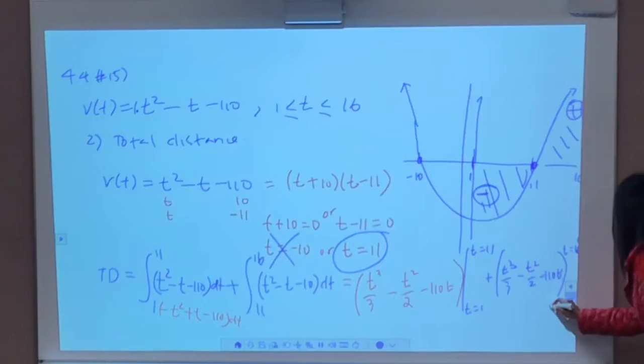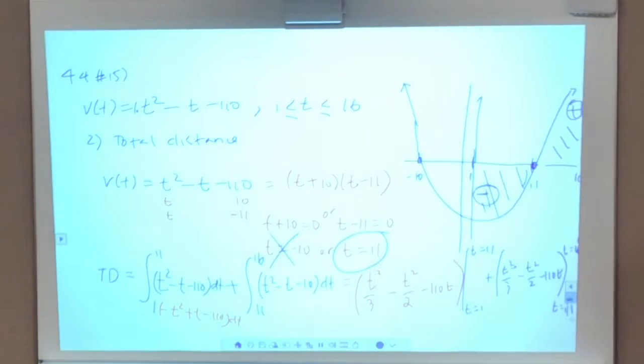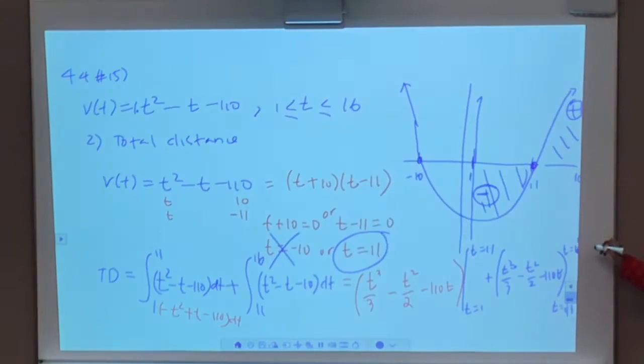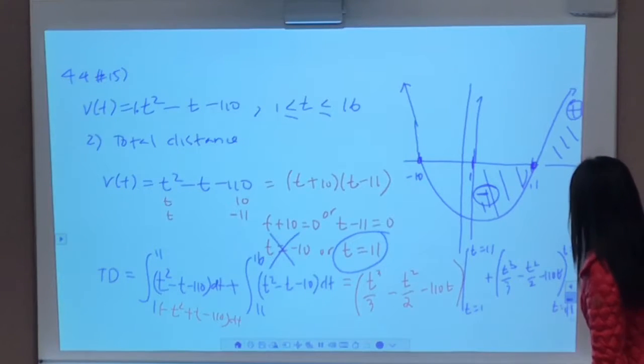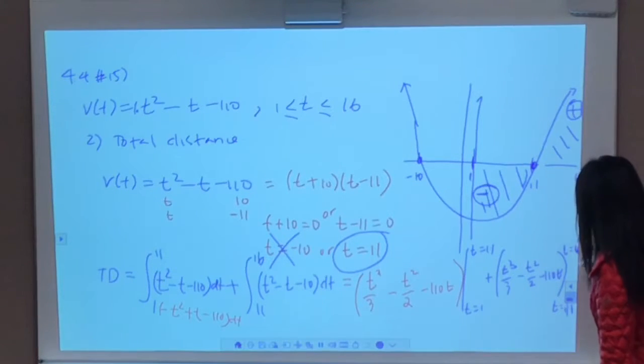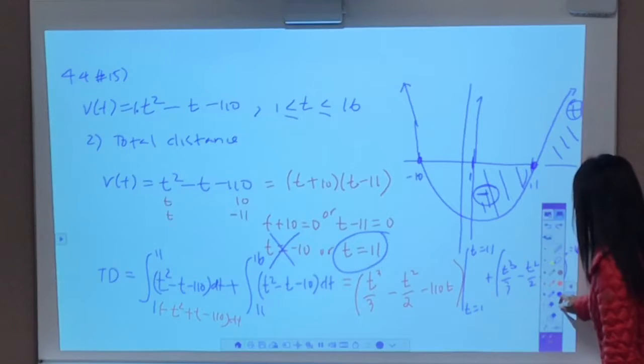And then t is equal to what? 11. Are you with me, class? So plug in your numbers. I'm going to erase this picture so I have a place to do this work.